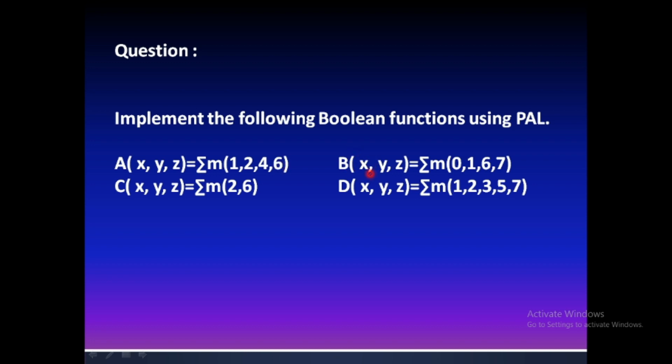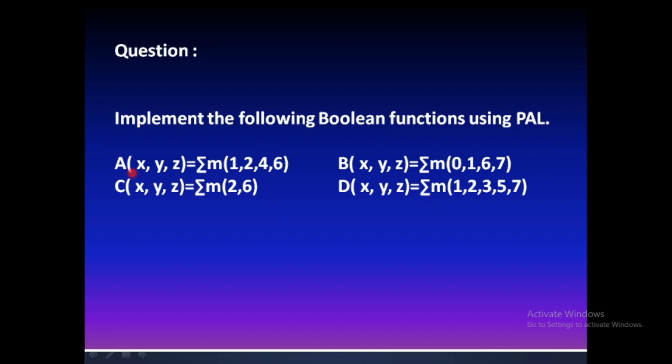B of x, y, z is the summation of minterms 0, 1, 6, 7. C of x, y, z is the summation of minterms 2 and 6. D of x, y, z is the summation of minterms 1, 2, 3, 5, 7. Let us see how we will proceed using the PAL.